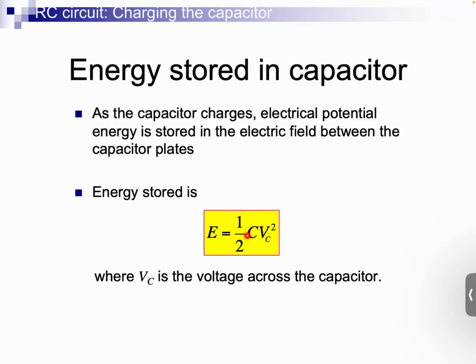We already encountered this equation here, right? The energy stored across the capacitor plates is 1/2 CV squared. V will be the voltage across the capacitor plate. So if you want, for example, to determine how much energy is stored 2 milliseconds after the capacitor starts to charge up, before it's fully charged, then you have the tools, you have the equation.